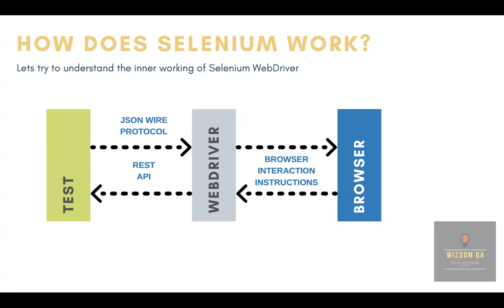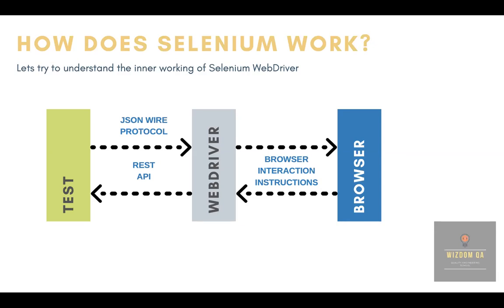In the middle, we have WebDriver, which is the library, which I will show you how to download and import in our project. And on the extreme right, we have the browser, the actual browser where the application will be launched.